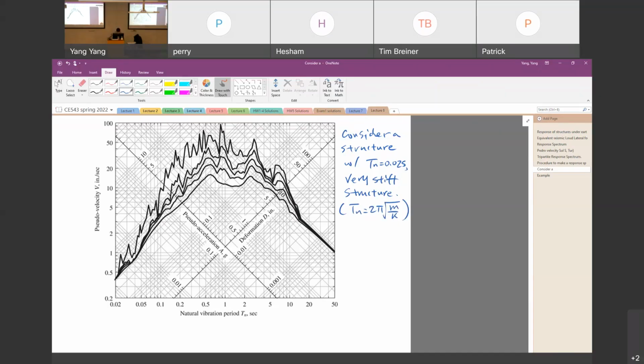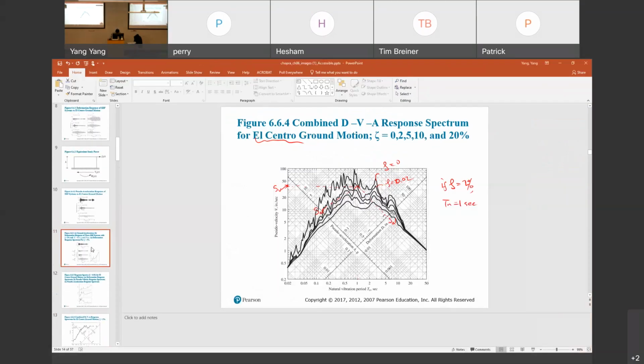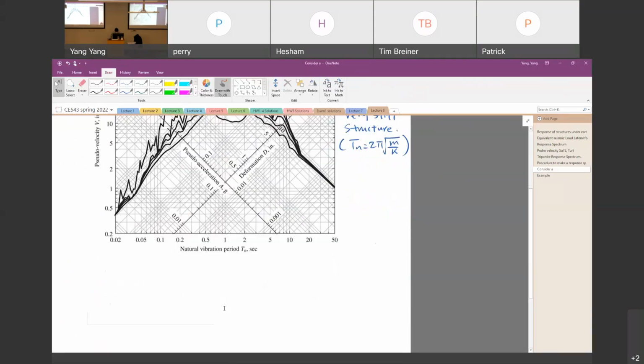In this case, if we look at the pseudo acceleration, let me grab another curve that is very important here.